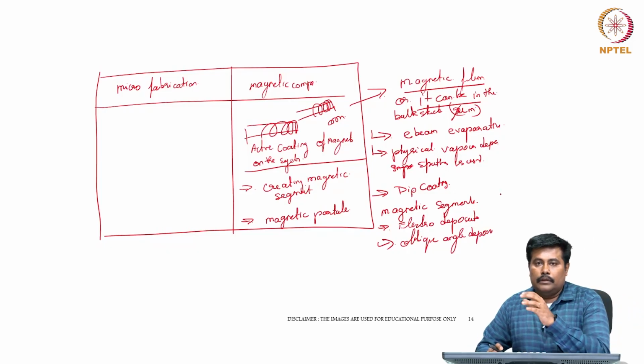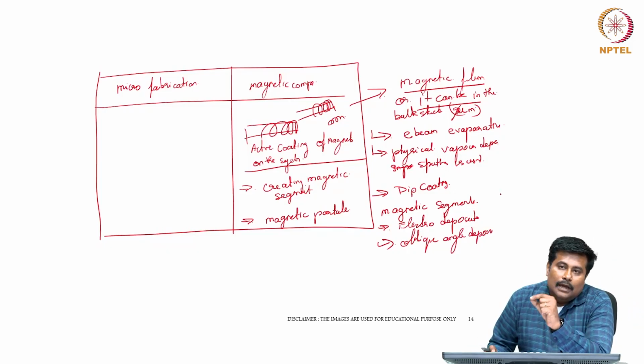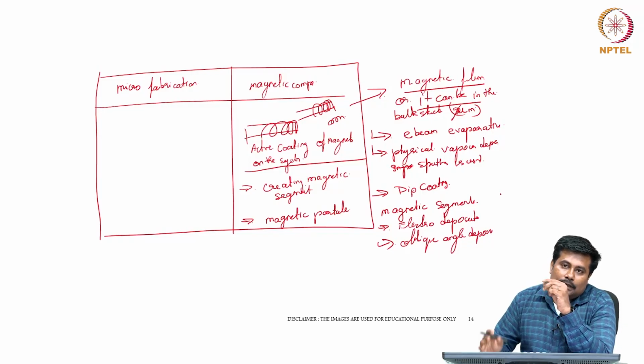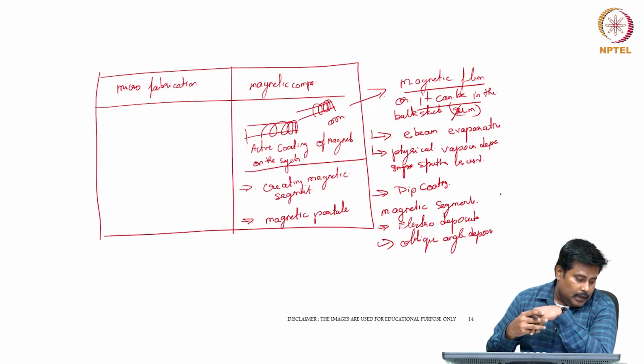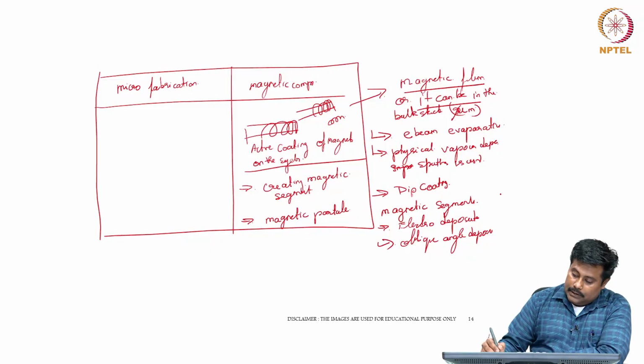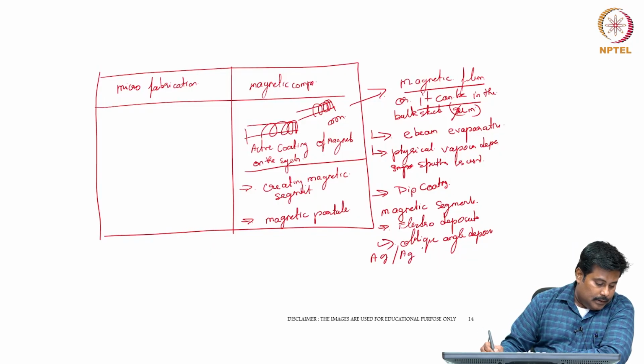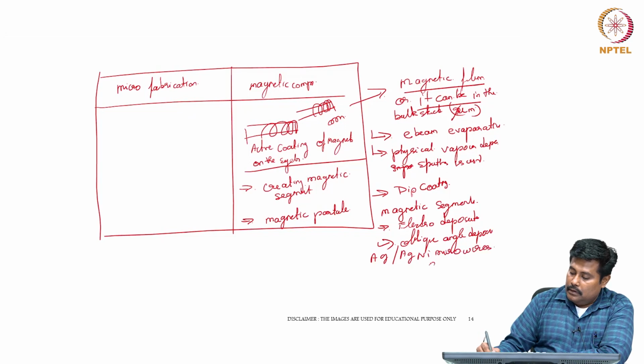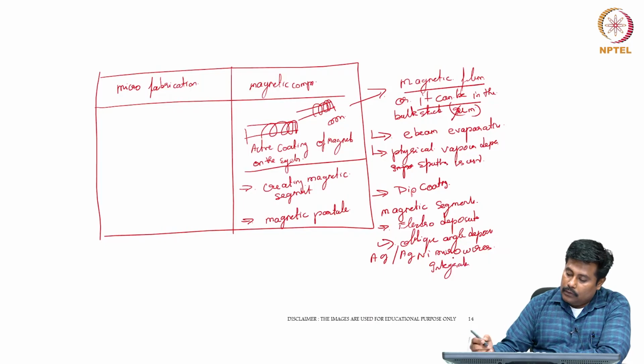So magnetic segments means part of the magnetic structures are integrated into the system, like for example magnetic micro wires integrated with the system are one good example of a magnetic segment.